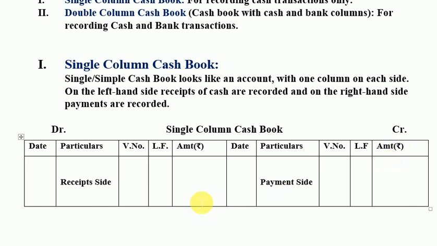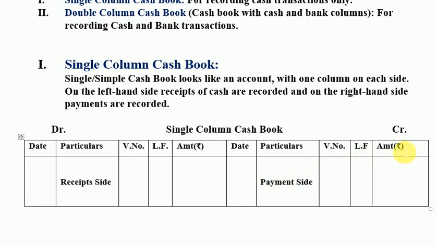Remember one thing, children, all receipts of cash are recorded on the debit side, and all payments of cash will be recorded on the credit side. Got it? So I hope you have all understood the concept of the single column cash book or simple cash book.